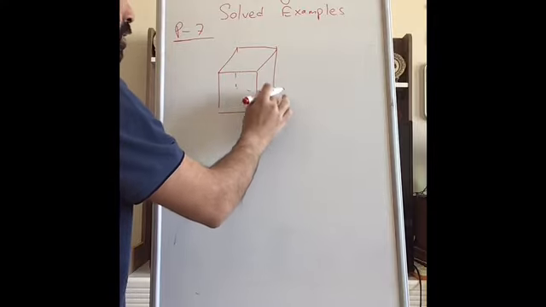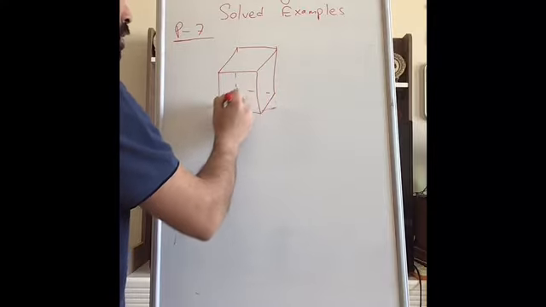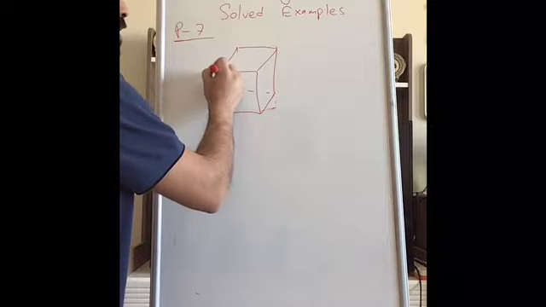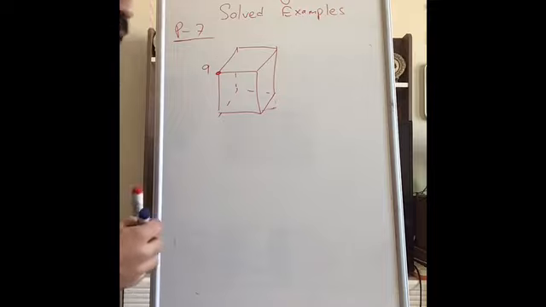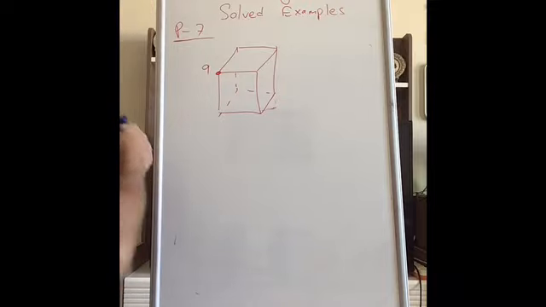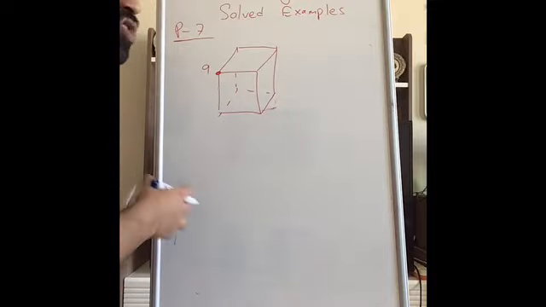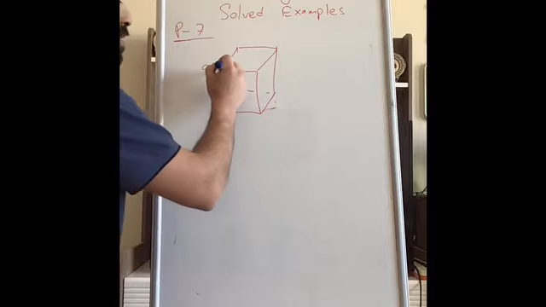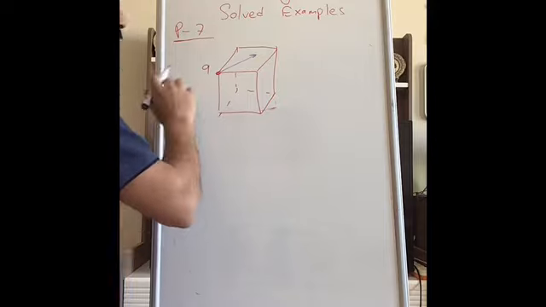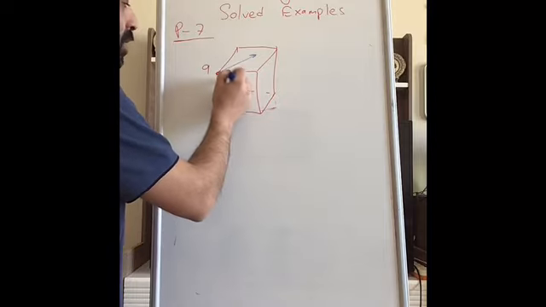All right, and our charge is here, Q. Now let's look at the faces one by one. First, the top. Actually, this charge will generate some electric field. We can show this electric field by lines. So it's going to be like this, or this, or this.